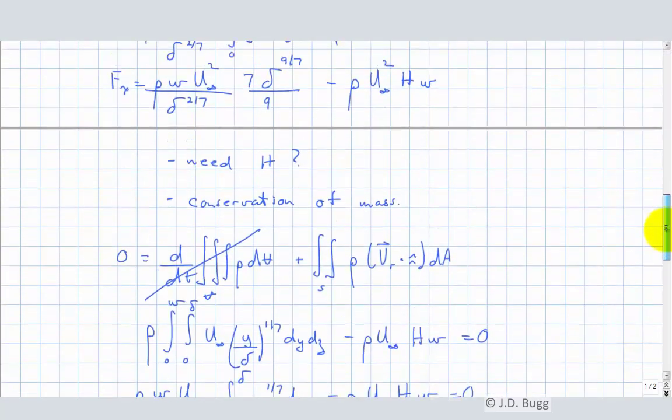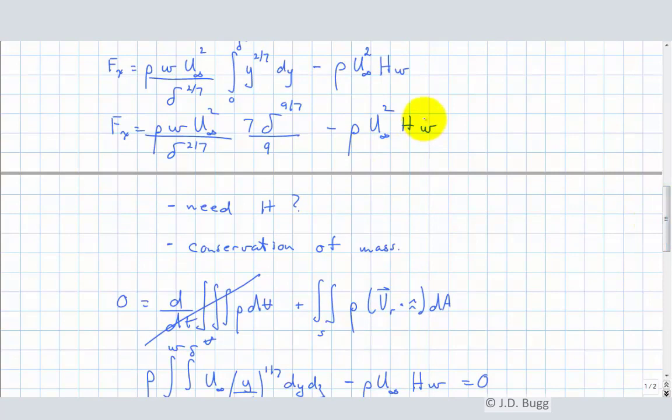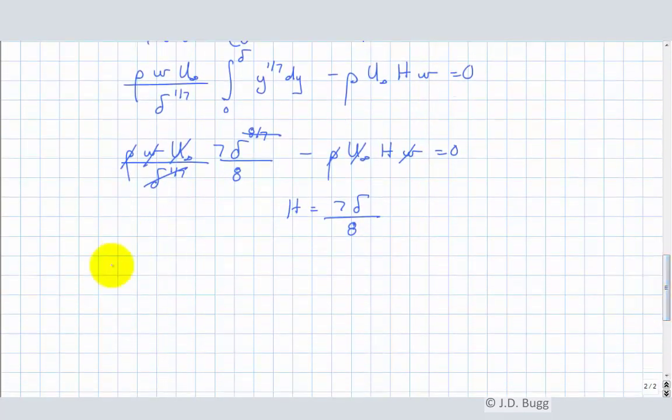So now we're ready to go back to our linear momentum equation. We can begin working with this equation again, and we can simplify it a fair bit too, because there's a whole bunch of things that occur in both of these terms. So we can rewrite that. The force in the x direction is rho w u infinity squared, which occurs in both of those terms, and then we just have 7 delta over 9 minus h.